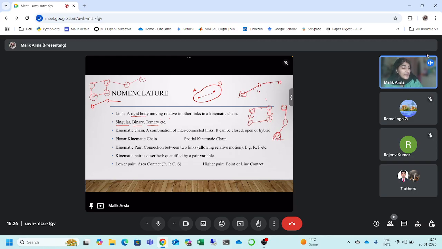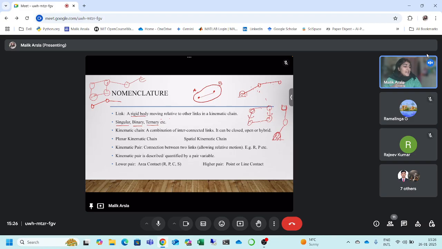So the kinematic pair is described or quantified by a pair variable, right? As I said, it is a connection between two links, and we know that there is a relative motion between two links. So what kind of motion it is can be quantified or described by the kinematic pair, and we have a pair variable for that.